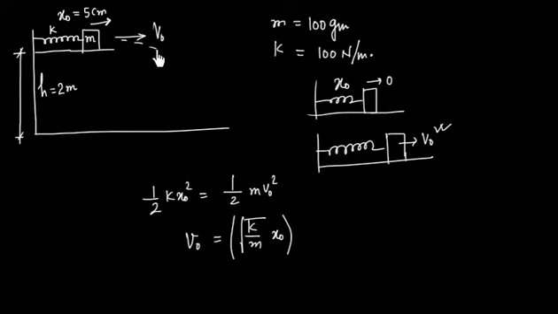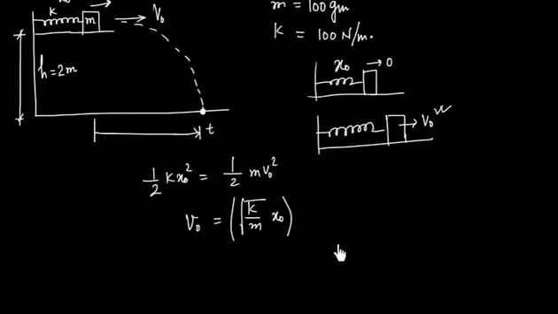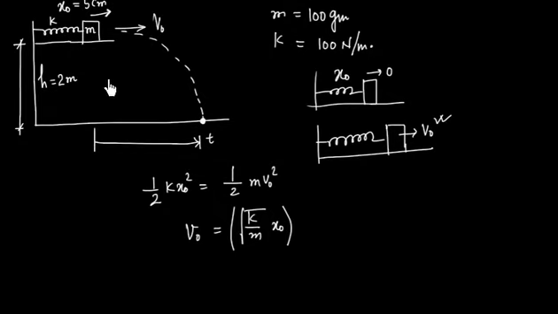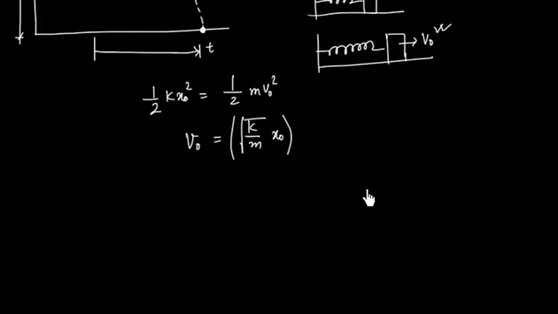Now it will follow a projectile path from here. So let us say after t time this block will fall at this point. So we have to calculate what is this distance. So we can use two equations, one in the vertical direction and one in the horizontal direction.